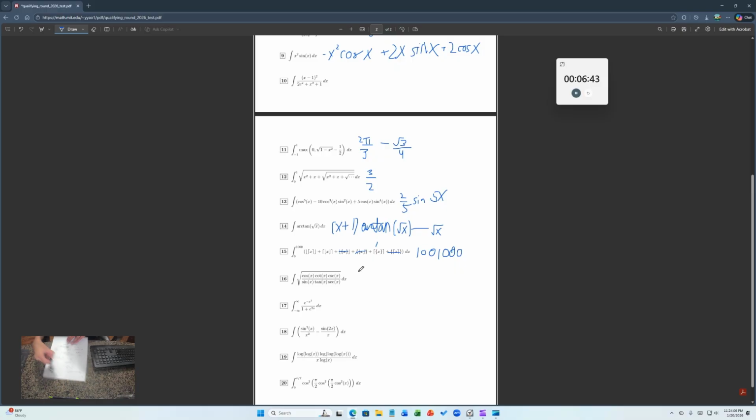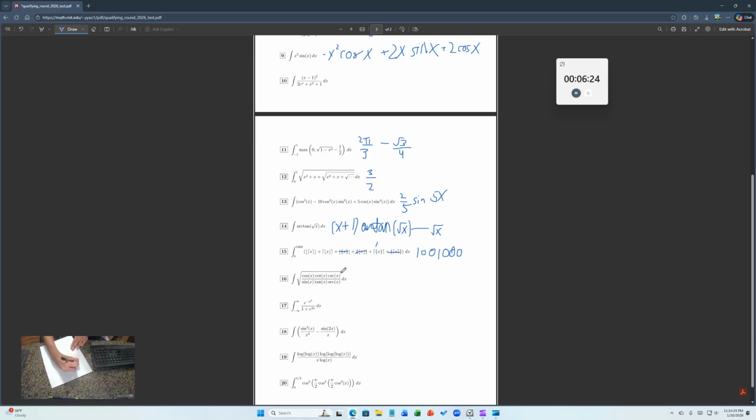Okay, we have just under 7 minutes left, so let's see what we can do now. Alright, so problem number 16. So we can just straight up simplify everything by using the definition of the inverses.